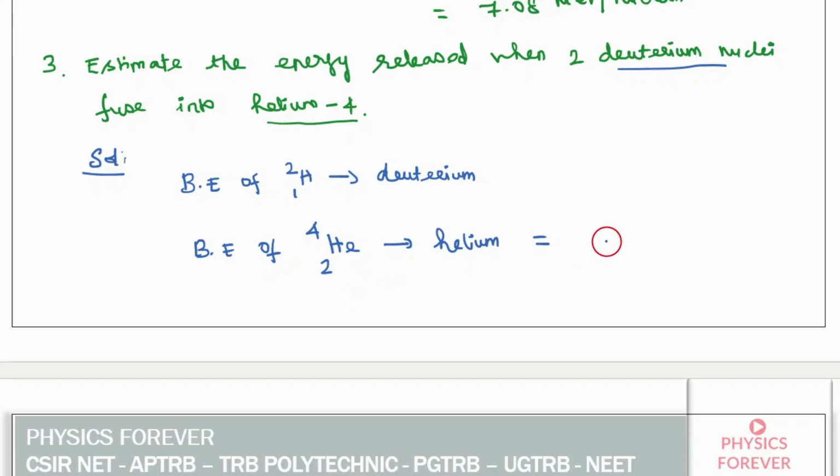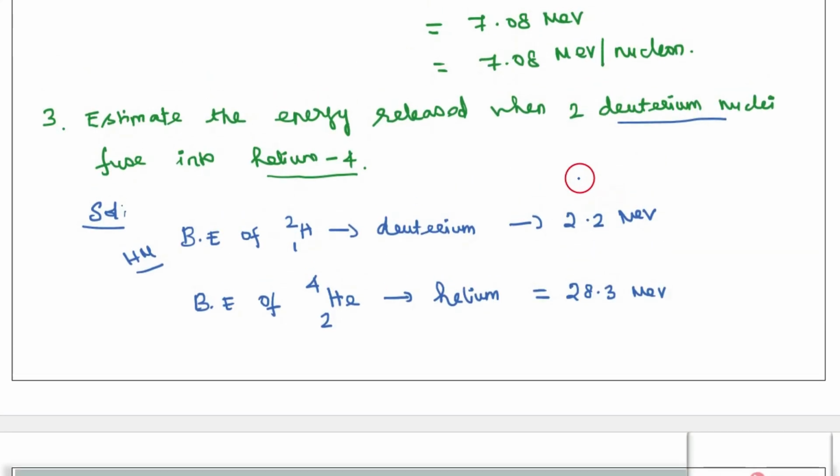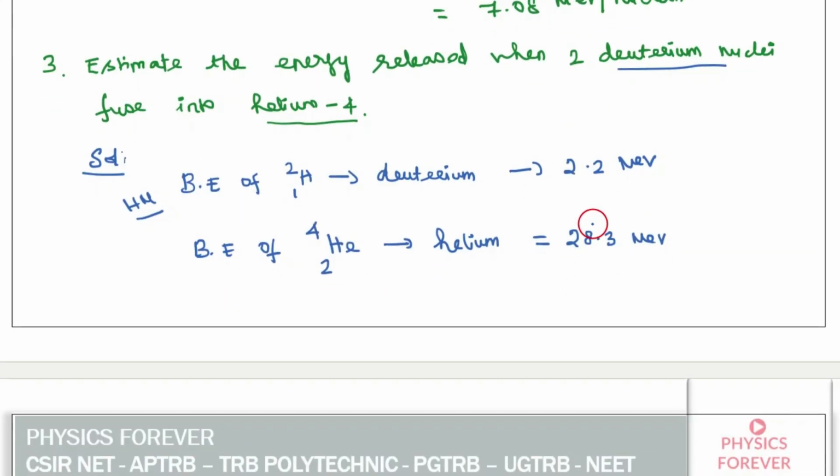Then binding energy of helium 2 to 4 க்கு என்னன்னு கண்டுபிடிச்சிருக்கோம்? 28.3 மெகா எலக்ட்ரான் வோல்ட். அதே மாதிரி நீங்கள் deuterium க்கு கண்டுபிடிச்சீங்கன்னா then we have to get 2.2 மெகா எலக்ட்ரான் வோல்ட். இதை ஹோம்ஒர்க்காக போடுங்க. ஓகே. So same procedure we have to follow for deuterium. Then அதே மாதிரி atomic number mass number substitute பண்ணி individual mass substitute பண்ணிங்கன்னா we have to get this one 2.2 மெகா எலக்ட்ரான் வோல்ட். ஓகே. அப்போது next we have to find out the energy released.